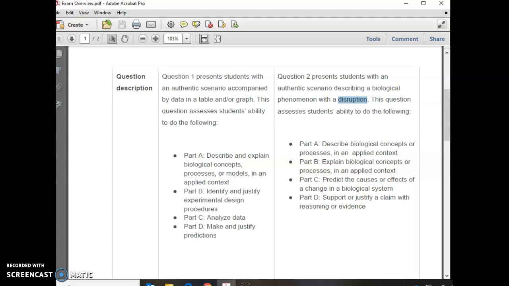So think like enzymes, right? When enzymes are in their normal environment, they're functioning properly, but then there's a disruption, what's going to happen to it? Or if we're talking about the mollusks and they're living in an environment where their osmosis is keeping them isotonic, and then they're moved to a really, really salty location, that's a disruption, right? So that's what we're talking about.